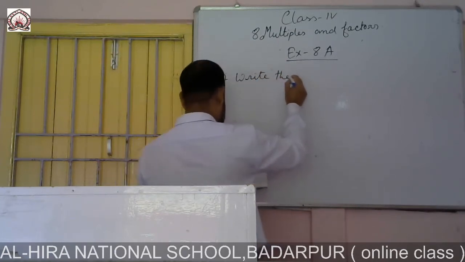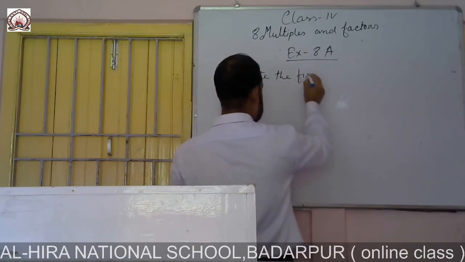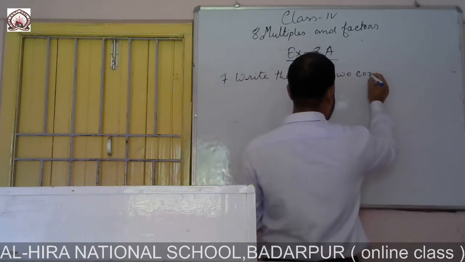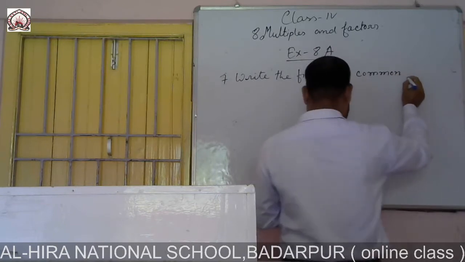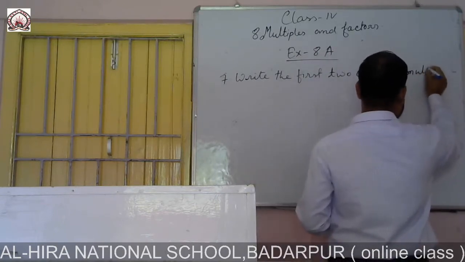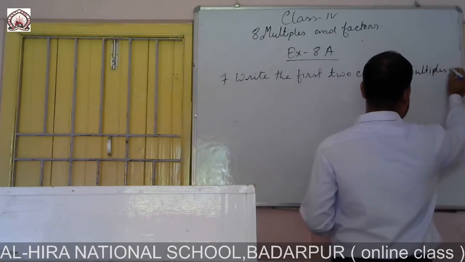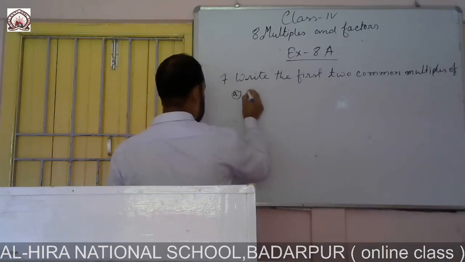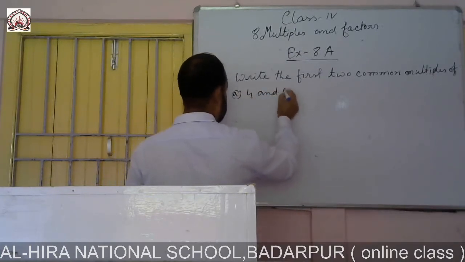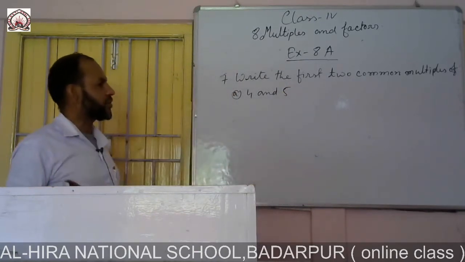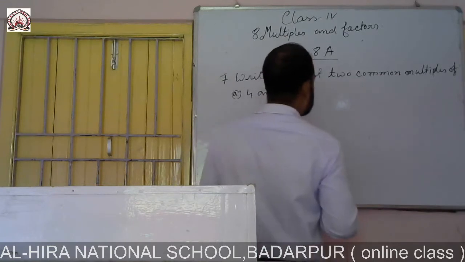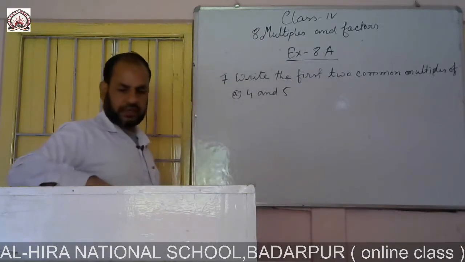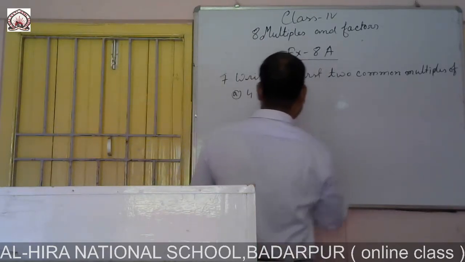Question number A, 4 and 5. Here we take out the first two common multiples of 4 and 5. So first we write table number 4.